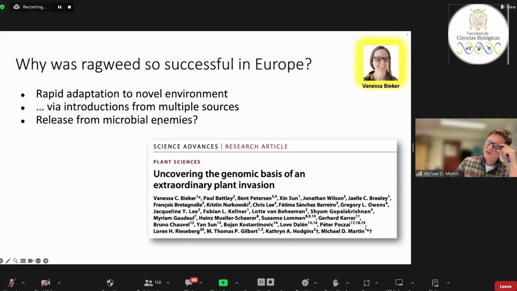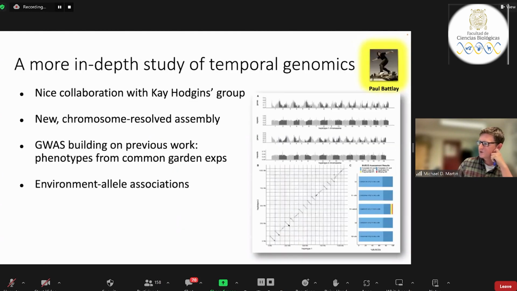And there were some hints that this enemy release hypothesis might help us to explain some of the success of this plant. Okay, but we didn't have enough data to go there yet. So Vanessa got her paper published, and she was very excited about that. And that was her PhD.